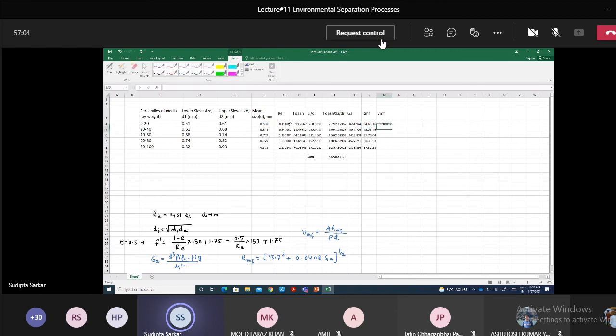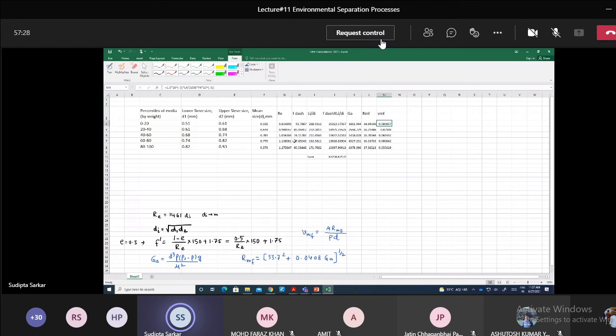So you got this value of BMF, and this is in meter per second. This is the value got in meter per second. So we need to find out in meter per day.